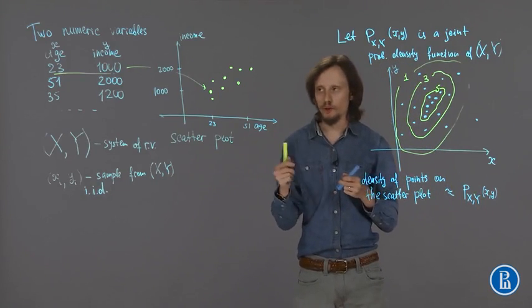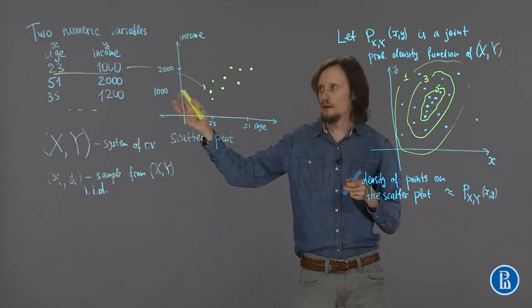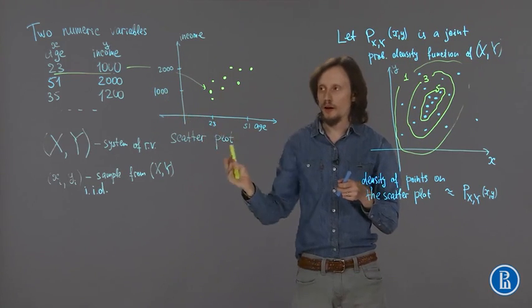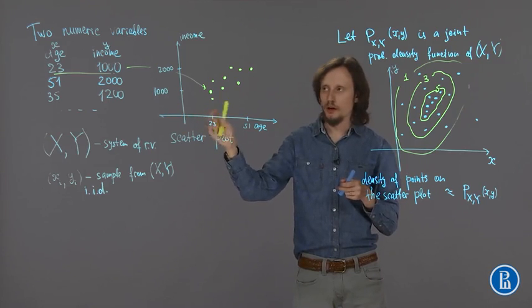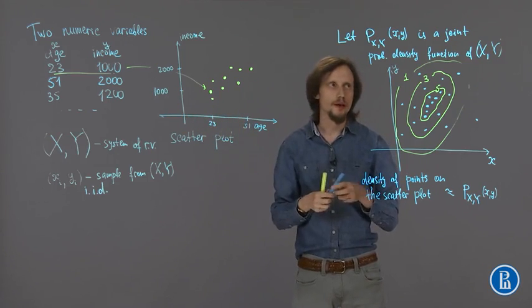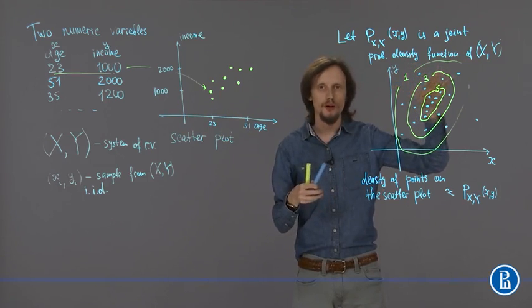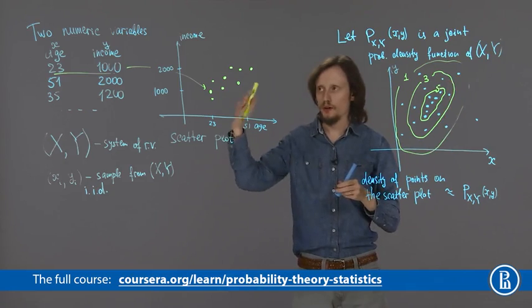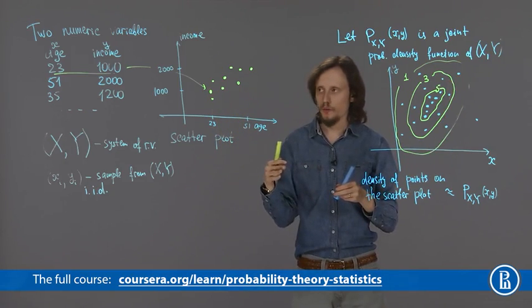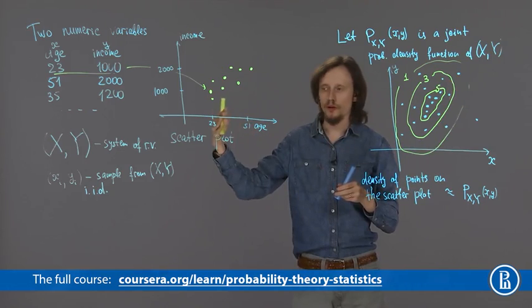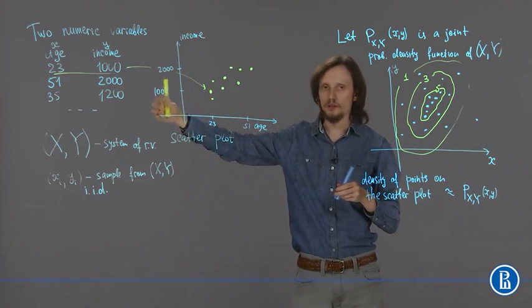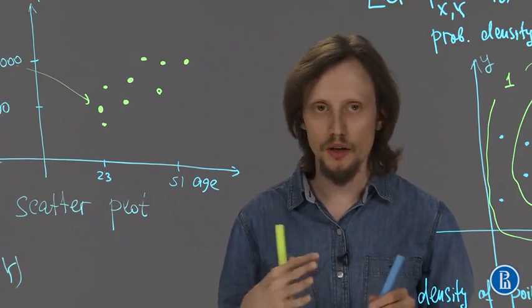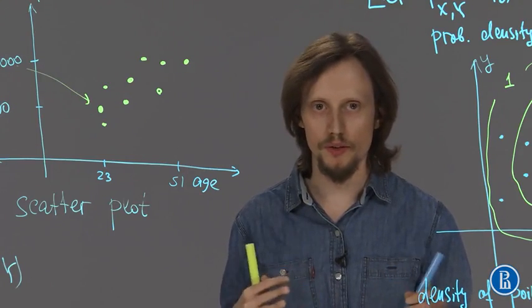Now we have a tool to visualize the pair of two variables in our data, and we know the relation between this visualization and the probability density function of the corresponding random variables. We see from this graph that we can conclude some relations between the two variables that we have. Now, let us discuss in more detail what kind of relations we are mostly interested in.